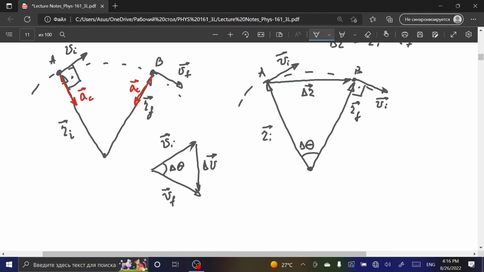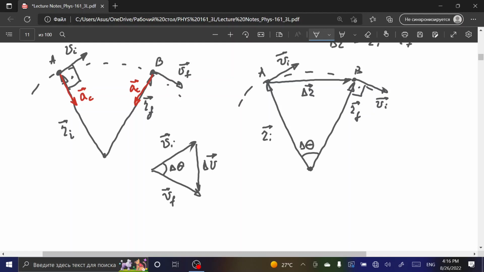So now we have two triangles, and here we have the same angle. So we have so-called similar triangles, and for similar triangles, if we pick up the same two sides of the triangle, for instance, we consider this side and this initial velocity vector, then we consider this side for the second triangle, displacement vector and initial radius vector, the ratio between these sides for both triangles will be the same.